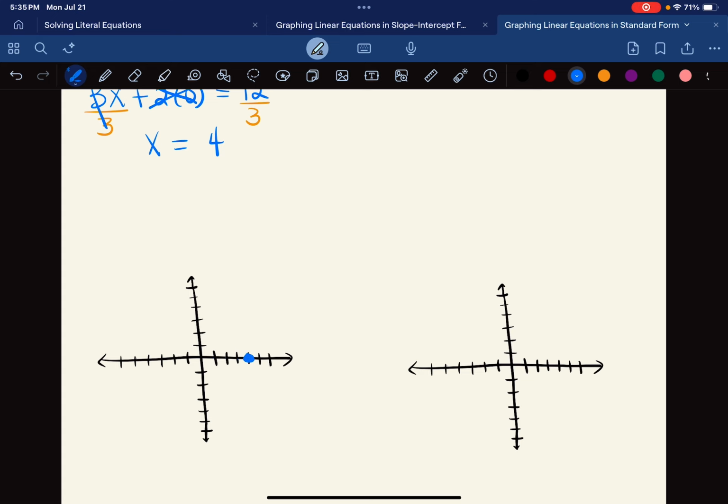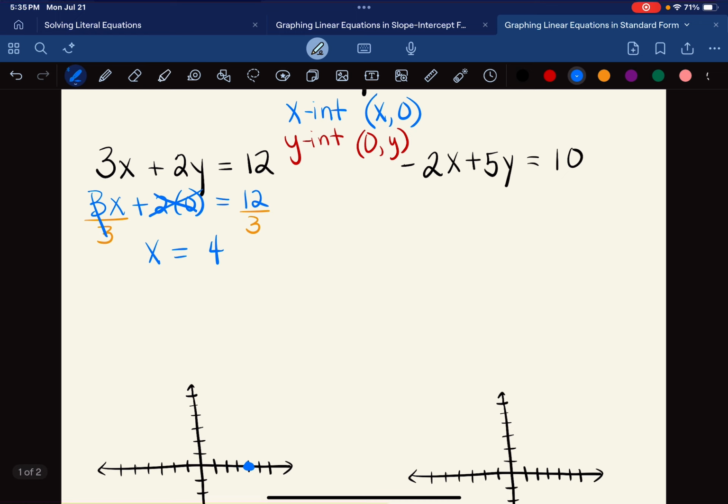That's my x-intercept. Now to find my y-intercept, I am going to sub in 0 for my x value. So I'm going to sub in 0 right here for my x value. Instead of 3 times x, we have 3 times 0 plus 2y equals 12. And of course, 3 times 0 is just 0, so we're left with 2y equals 12.